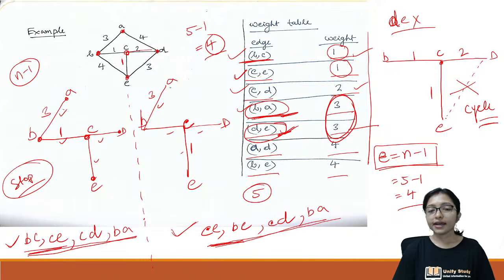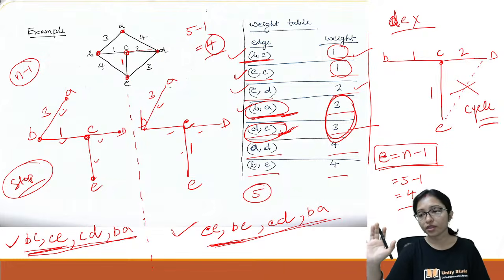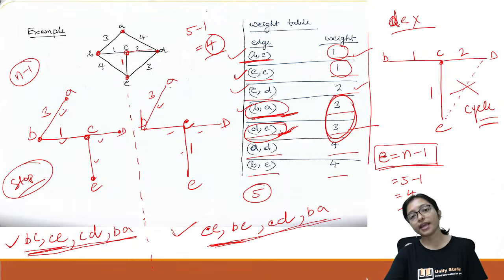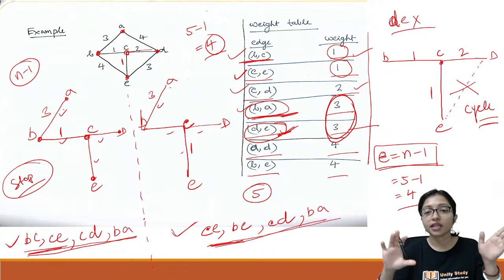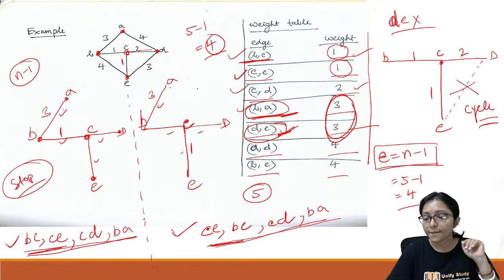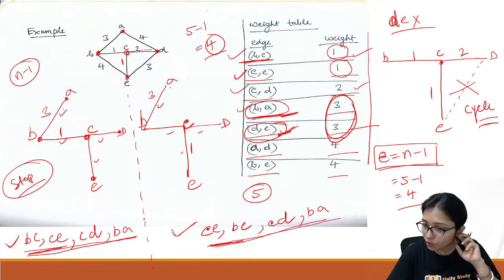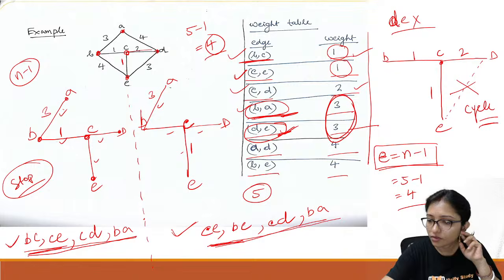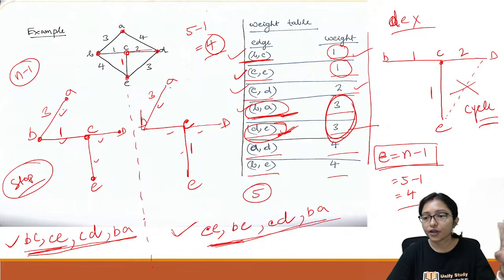All concepts clear? And multiple spanning trees are possible. Anyone have any more doubt? If you don't have any doubt here, then we can move ahead to the next algorithm. Clear to everyone? Full clear?